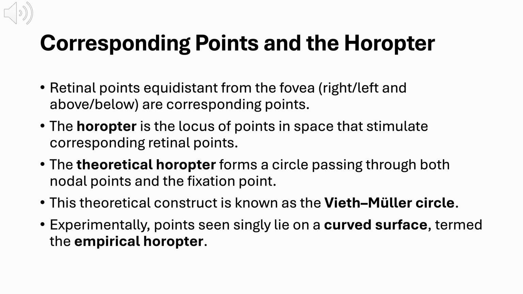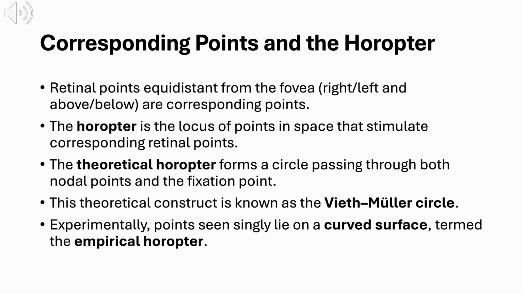Once retinal correspondence is established, we can extend it into three-dimensional space using the concept of the horopter. Retinal points that are the same distance from the fovea, whether to the right or left, or above or below, are considered corresponding points between the two eyes. Objects in space that stimulate these paired points are perceived as single. The horopter is the collection of all such points in space that stimulate corresponding retinal locations.